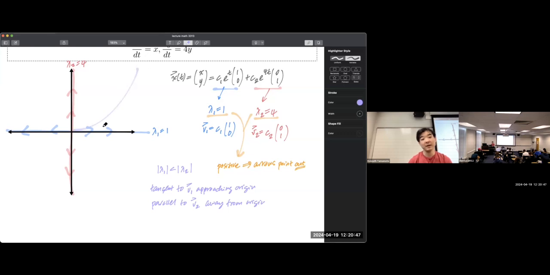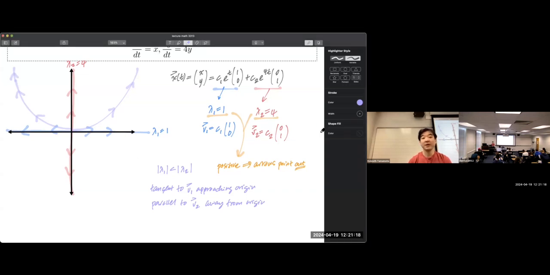So this is going to draw a line that looks like this. So you're getting tangent to the blue, and then as you leave, you become parallel to the red. And the arrows, because both eigenvalues are positive, will also point out. On this side, same idea. You become tangent to the blue as you approach the origin, and then progressively become parallel as you leave.